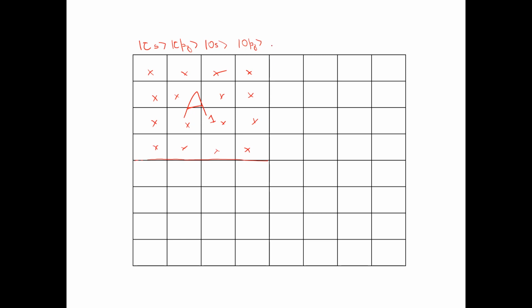And I can construct another big block here, which is carbon Px, carbon Py, oxygen Px, oxygen Py, because I know these will transform like E1. So I will have another block here full of numbers. This is the E1 block, with a bunch of non-zero numbers, and all the other elements are zero.